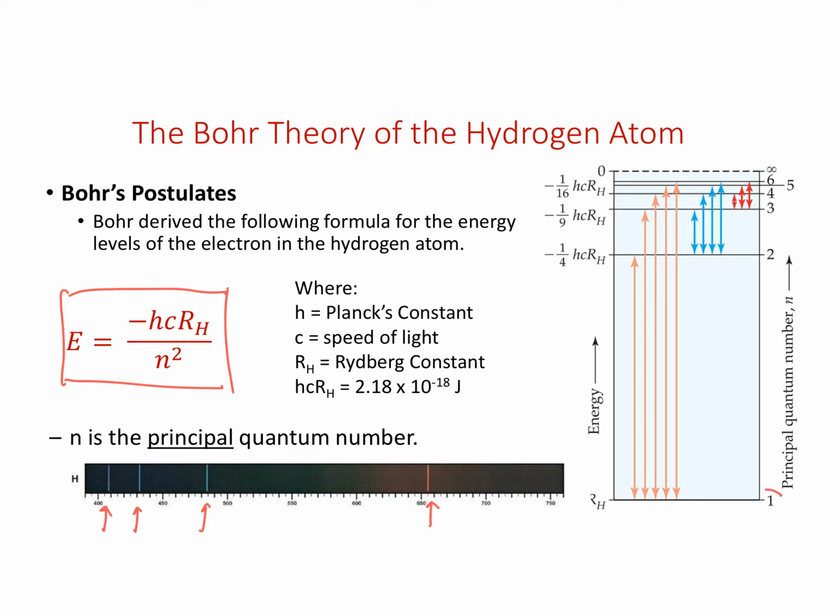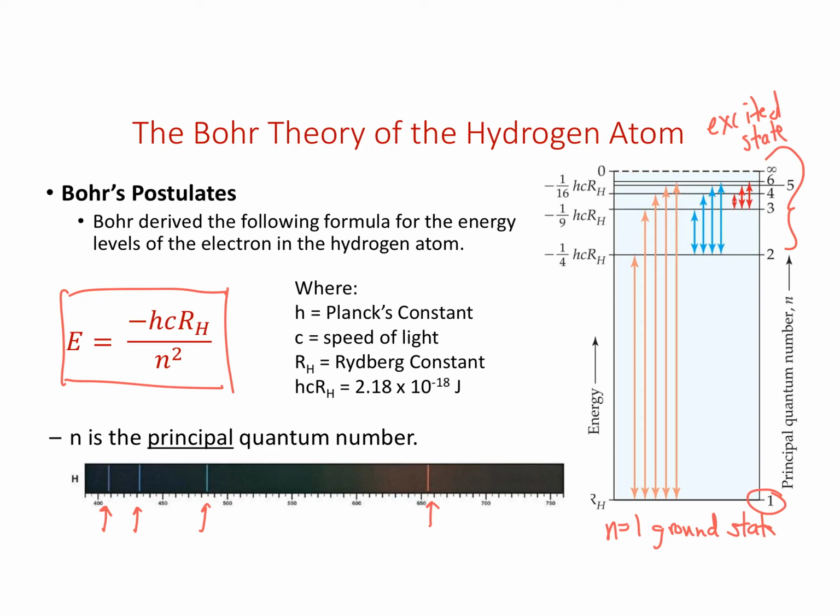Right here are different floors where the electron could be, different energy levels. N equals 1 is the ground state, where ground state is our lowest energy configuration. Anything above that is our excited state, which is basically an energy level above the ground state.